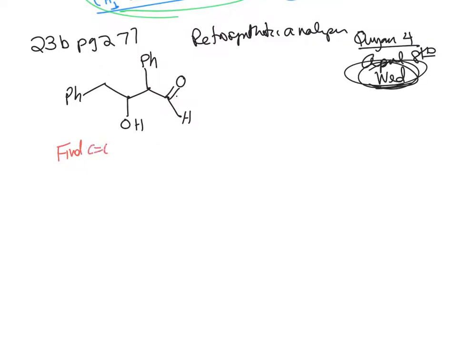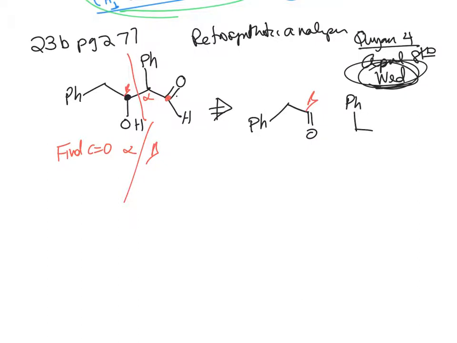All right, so you find your carbonyl. Find the carbonyl and then locate your alpha and beta and draw a line through alpha and beta. So here's your carbonyl, alpha, beta, there's your line, okay? And then so we're going to redraw that, phenyl, and this OH becomes a carbonyl, okay? So there's your beta, and then this one, you just draw the alpha, which is your enolate, you just draw it the same.